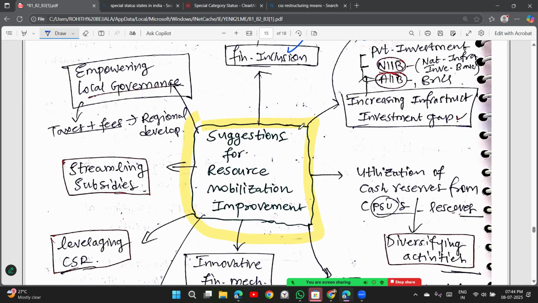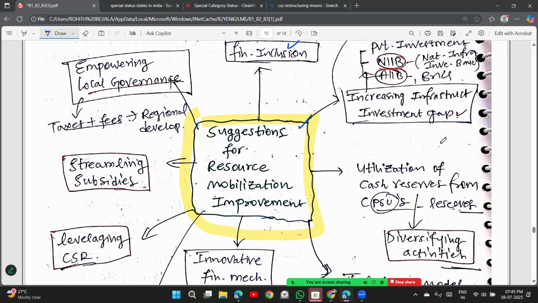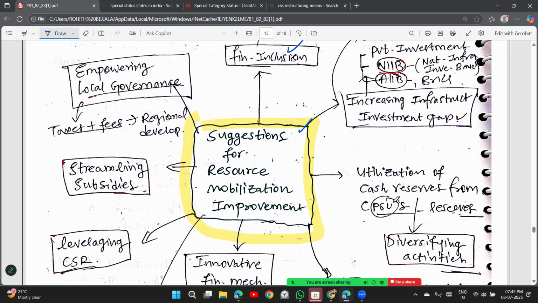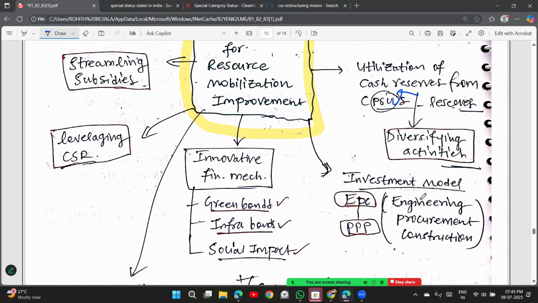Financial inclusion should be there, and maybe from PSUs we can use the cash reserves for diversifying activities. Maybe we can introduce new investment models apart from PPP and DPC, so that we can increase the efficiency of infrastructure projects.